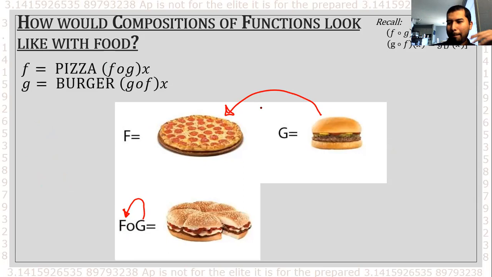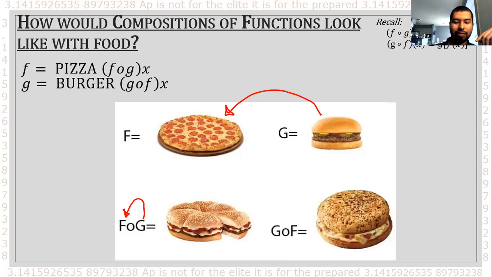So now I got a pizza made of burgers. Hopefully you got that right. Let's check the next one. g of f: my f went inside my g. So it looks like a pizza burger. I don't know if they make these in real life, but this is pretty awesome.